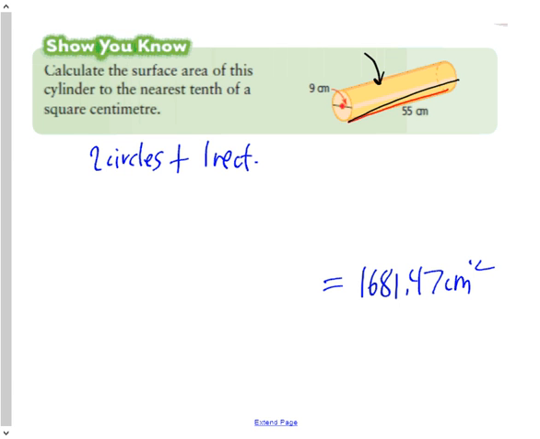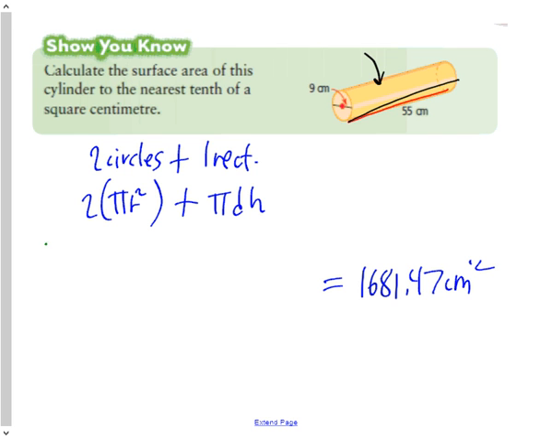That would be the surface area of a cylinder, correct? Two circles is really 2 pi r squared. And the area of that rectangle, if you go back to what we talked about, is the circumference of the circle multiplied by the height. Circumference times height would be pi d times h. So your formula for the surface area of a cylinder is two circles and a rectangle, which will be this formula here.